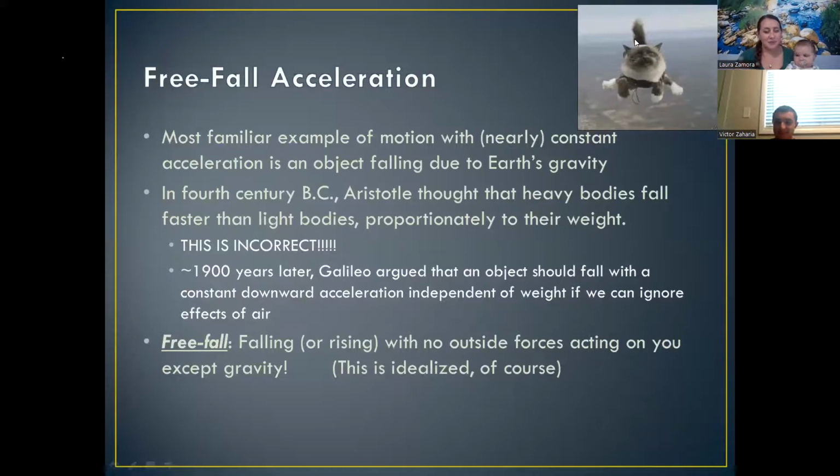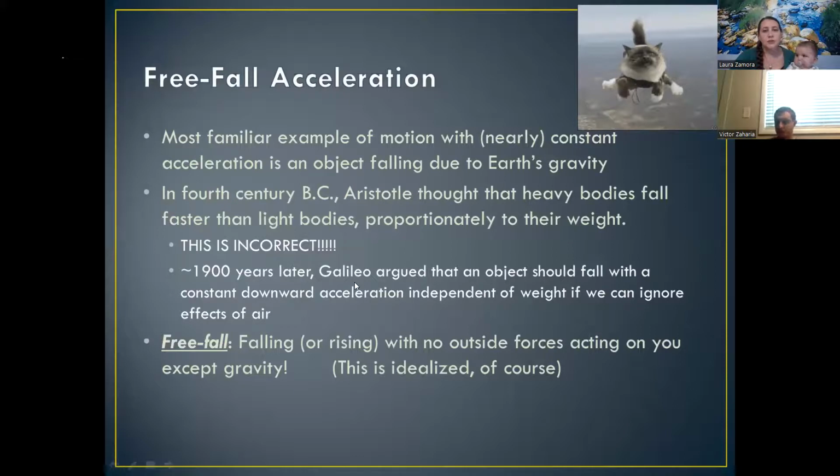Okay. So there were a lot of misconceptions about gravity previously. In the 4th century, Aristotle thought that heavy objects fall faster than lighter objects, proportionally to their weight. That was thought for a really long time, but was actually proven incorrect later on in Galileo's famous experiments.